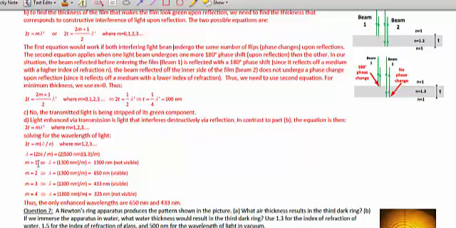So for m equal 1, we find 1300 nanometers. M equal 2, 650 nanometers, and so on. Notice here that some of these wavelengths are in the visible, 650, 433, but others are not. So the only wavelengths in the visible range are 650 nanometers and 433 nanometers.